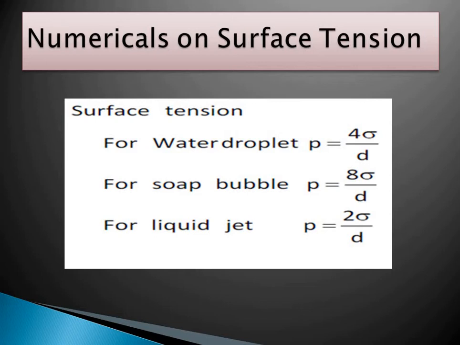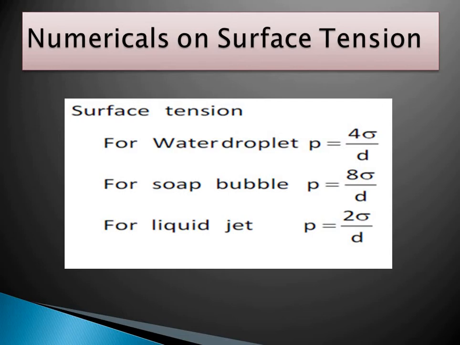For a soap bubble, since there is air inside it and from outside also it has environmental air as a medium, it undergoes stresses from two surfaces. That's why the P value increases from 4 sigma by d to 8 sigma by d, that is, it gets doubled.